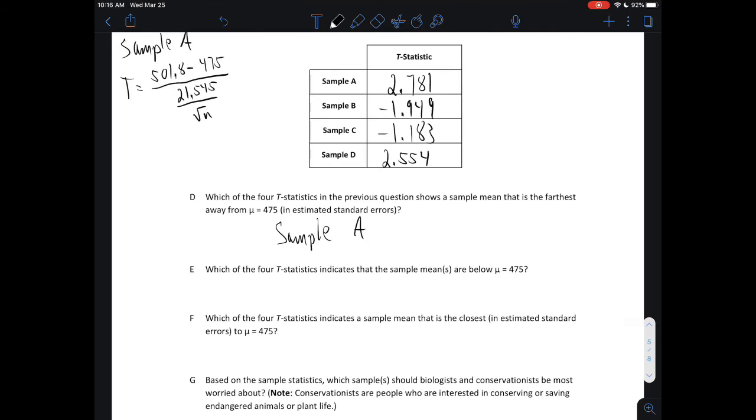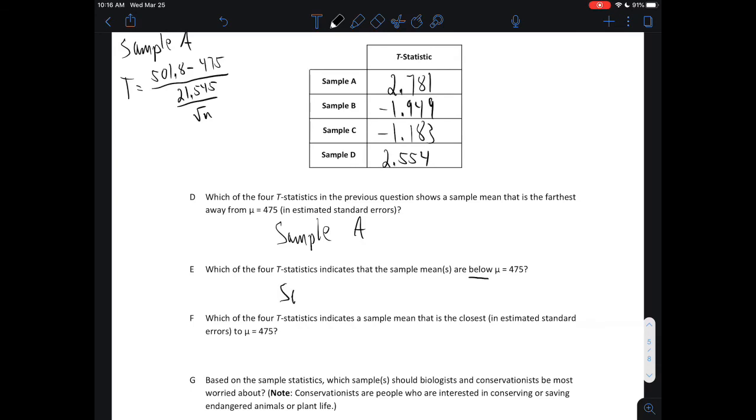Part E. Which of the 4 t-statistics indicates that the sample means are below mu equal 475? If we think of the word below, this would match up with the negative t-scores.